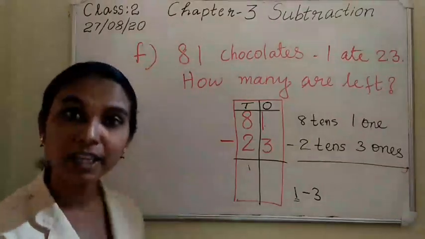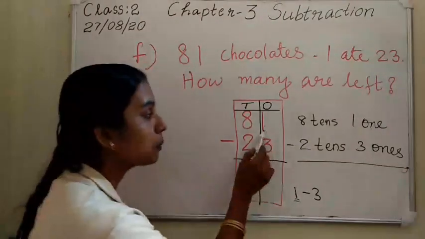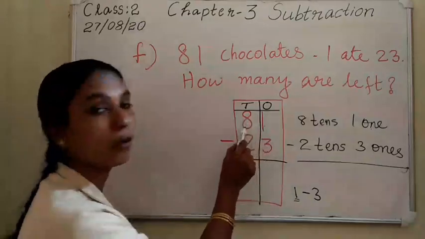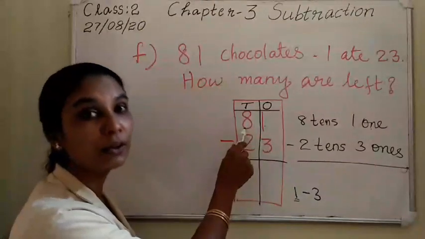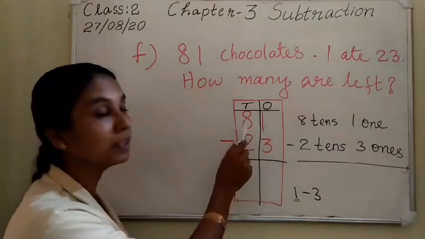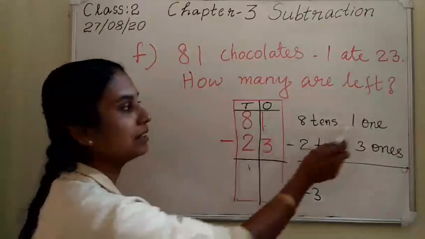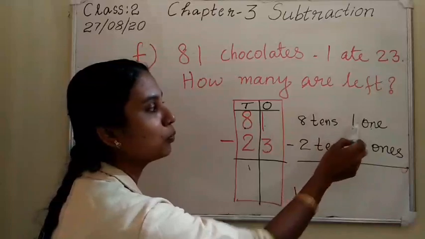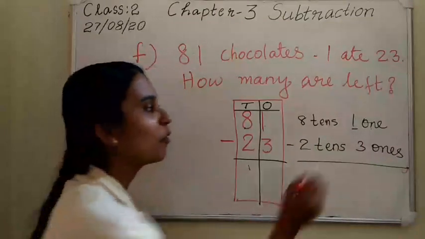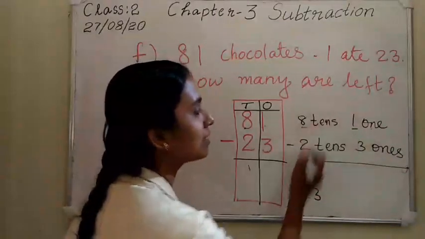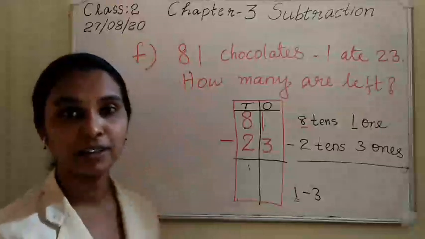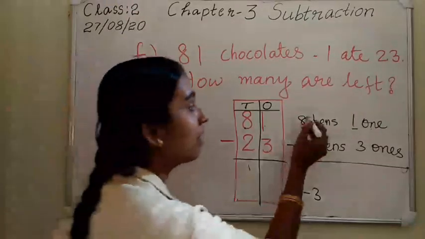So what can 1 do? 1 in the ones place can borrow. This is called regrouping. You can borrow from the tens place. Then there are 8 tens. This 1 is very poor. Then 1 asks this tens, can you give 1 ten? Then tens said, okay.